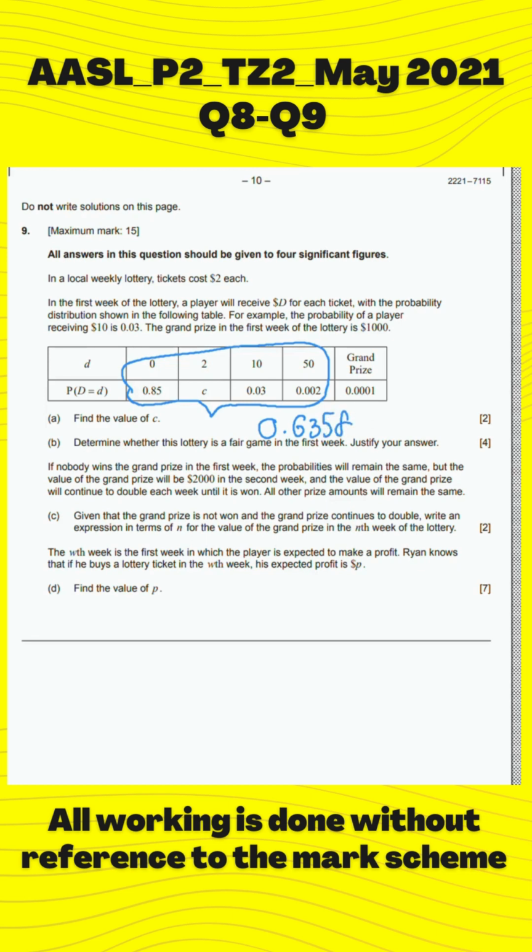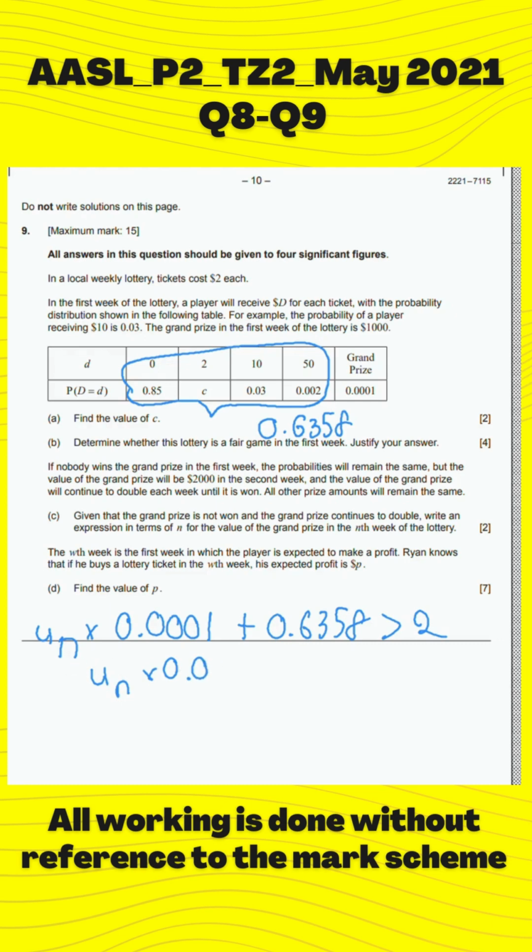And that one will be 0.6358. Okay, so the expected value of total will be Un, which represents the grand prize, multiplied with 0.0001 plus 0.6358, which must be bigger than 2 in order to gain profit. So simplify, we have Un multiplied with 0.0001.